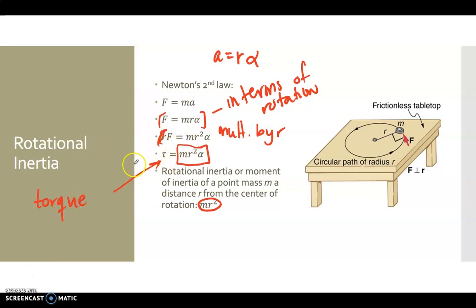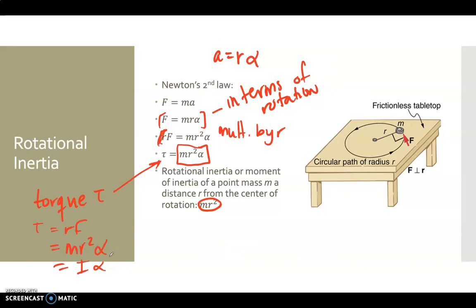It's actually a tau. So we have now said that tau, or torque, equals both radius times a force and mr squared times alpha. We can also say that it is equal to some inertia times alpha.